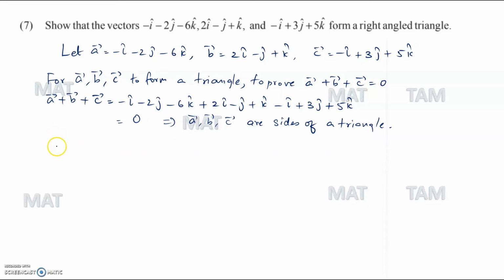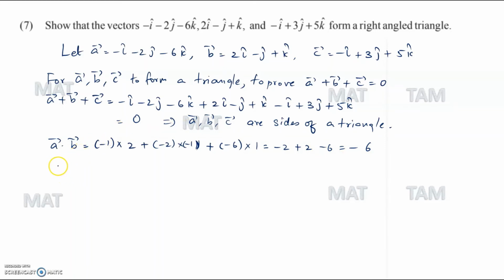So let's try A dot product with B. A dot product with B will be minus 1 into 2 plus minus 2 into minus 1 plus minus 6 into 1, which would be equal to minus 2 plus 2 minus 6, which is equal to minus 6. Therefore, A and B are not perpendicular.